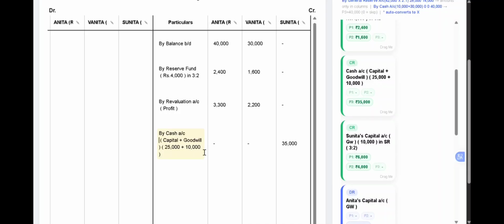Now under this, 10,000 rupees is the goodwill. This goodwill is brought in by the new partner for the old partners for the sacrifice. So this 10,000 goodwill should be distributed to the old partners in the sacrifice ratio. So from Sunita's account, we have to distribute it to the old partners Anita and Vanita.